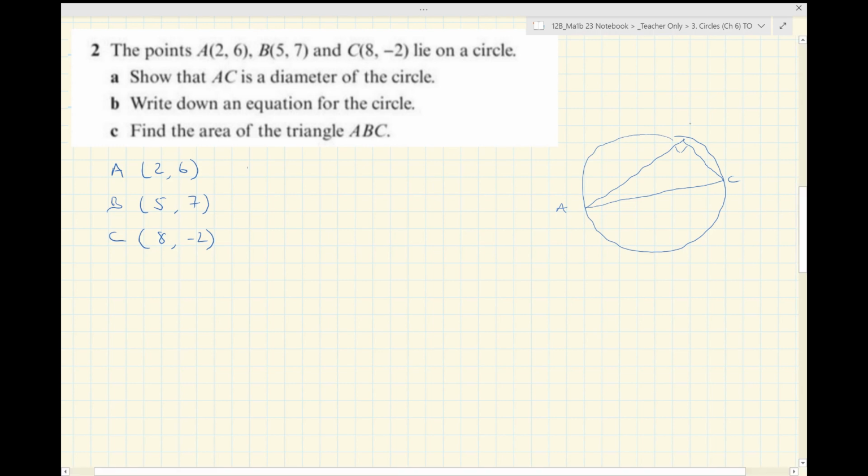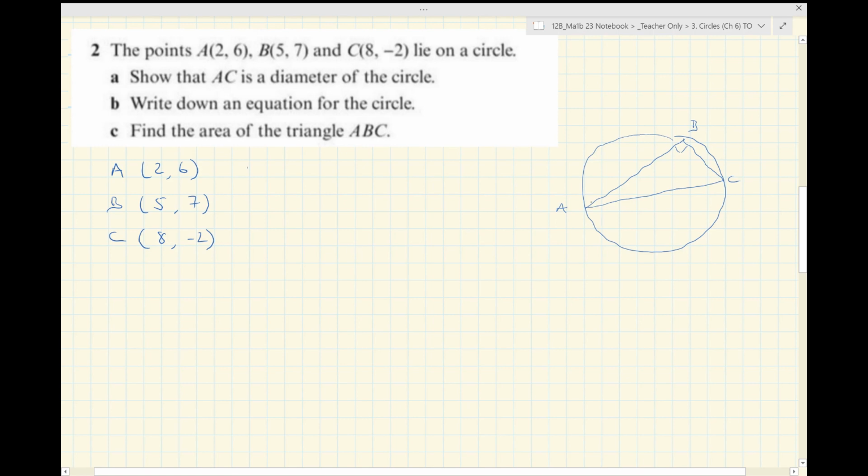Taking it the other way, if I can show that triangle ABC is a right-angled triangle, then it must be a triangle in a semicircle, in which case AC must cut the circle in half, and therefore AC must be the diameter.